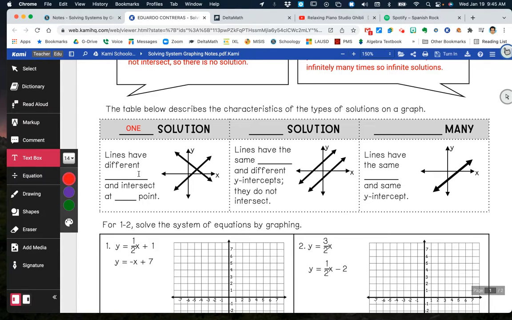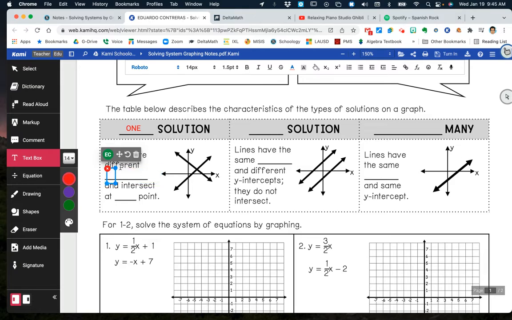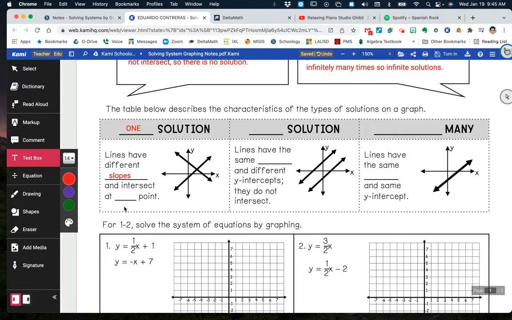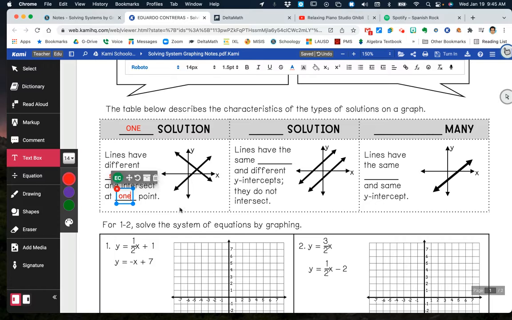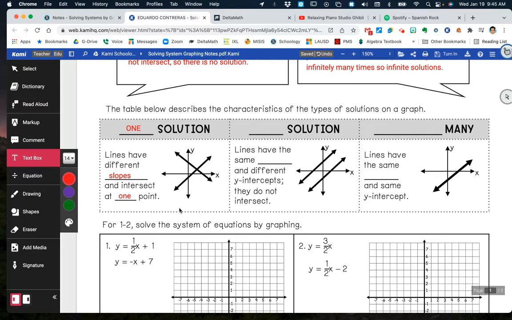So lines have different slopes. So if the two lines have different slopes and intersect at one point, as you can see here, we have one line with a negative slope, it's going downhill.